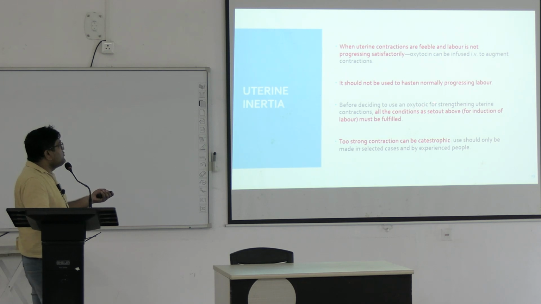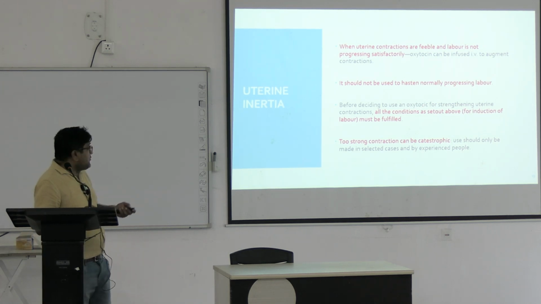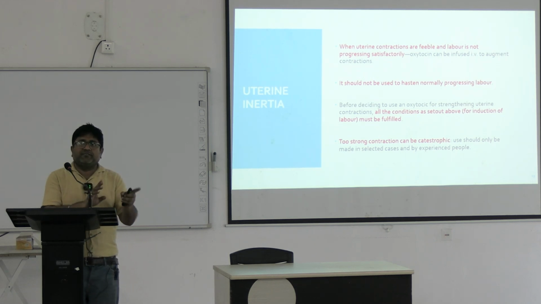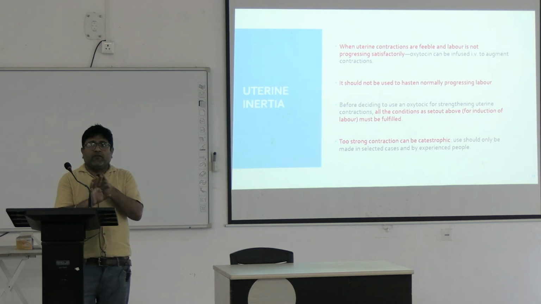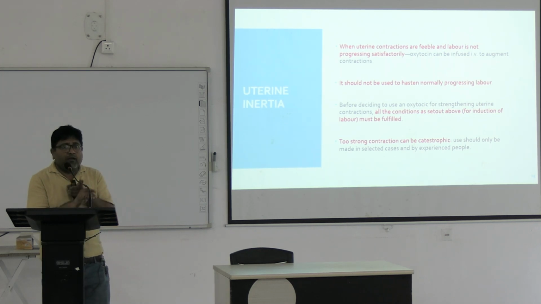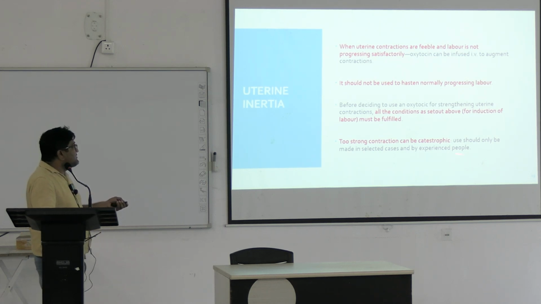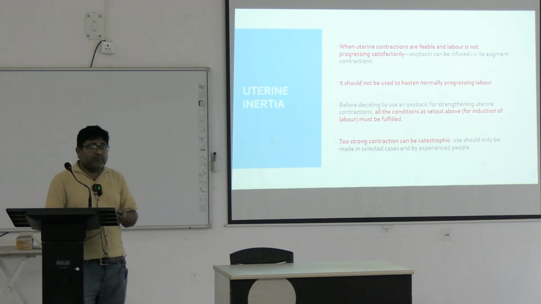Before deciding to use oxytocin for strengthening uterine contractions, all the conditions should be met as discussed previously: no cephalopelvic disproportion, fetal lung maturity, no placenta previa, no uterine scar, and others. Too strong contractions can be catastrophic. Use should be made only in selected cases by experienced people.